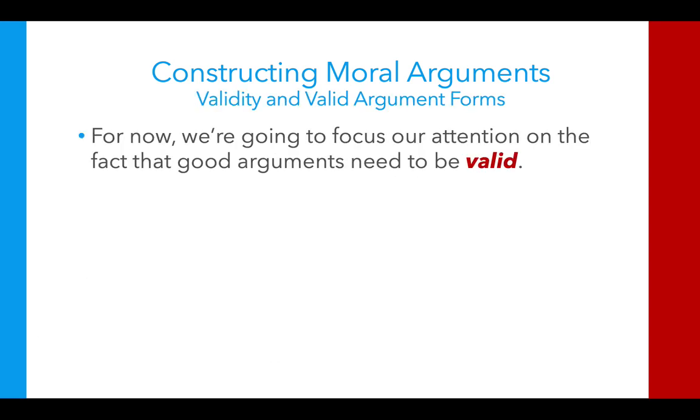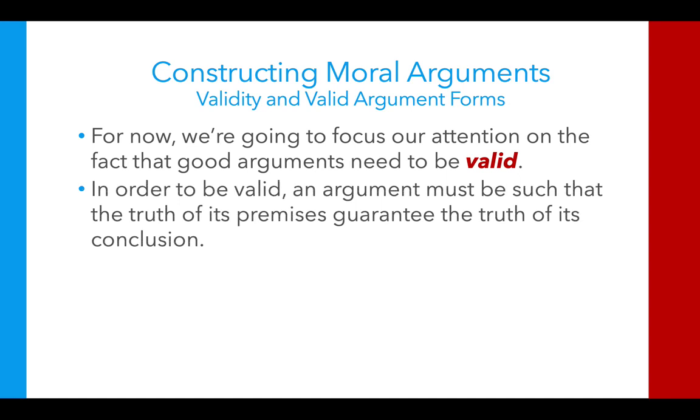All right, so finally, for now, when we're interested in constructing moral arguments, we want to focus our attention on the fact that good arguments need to be valid. So we're going to set the truth part aside for now and focus on the fact that they need to be valid.